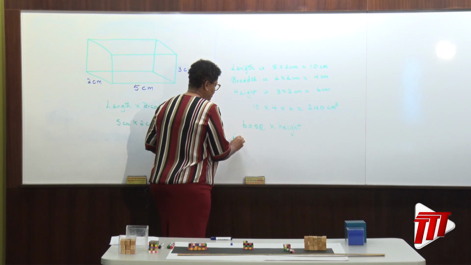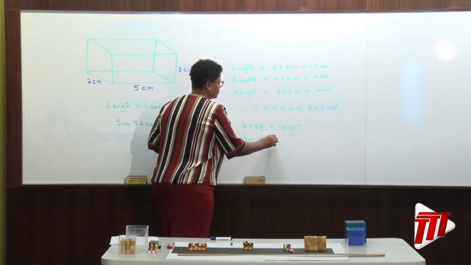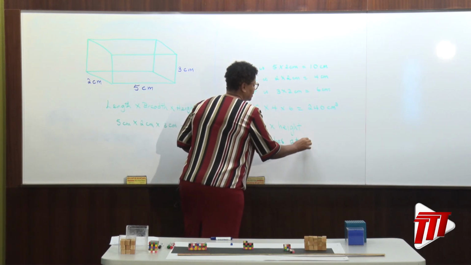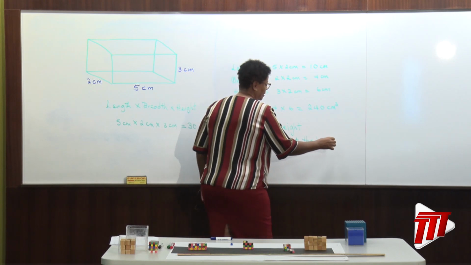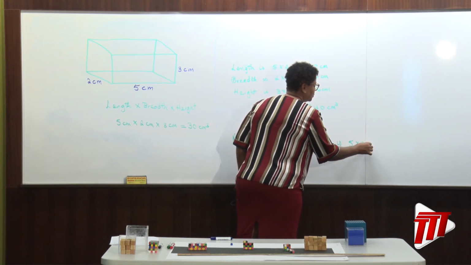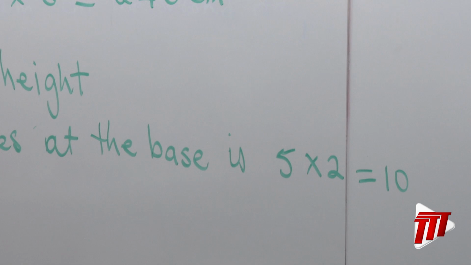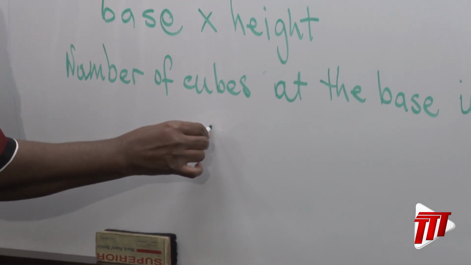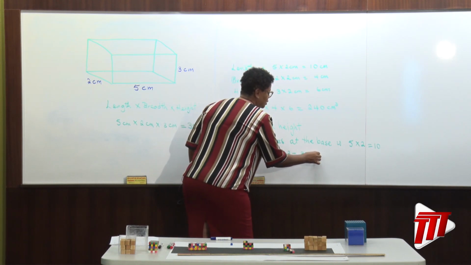So the number of cubes at the base will be 5 multiplied by 2, which is equal to 10. And we have 3 layers of cubes. So the height would be 3. So it would be 10 multiplied by 3, which is equal to 30 cubes.